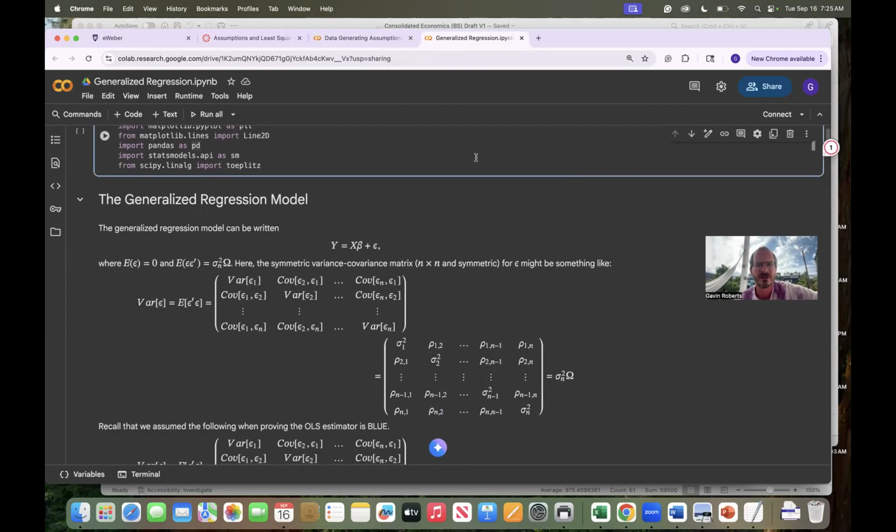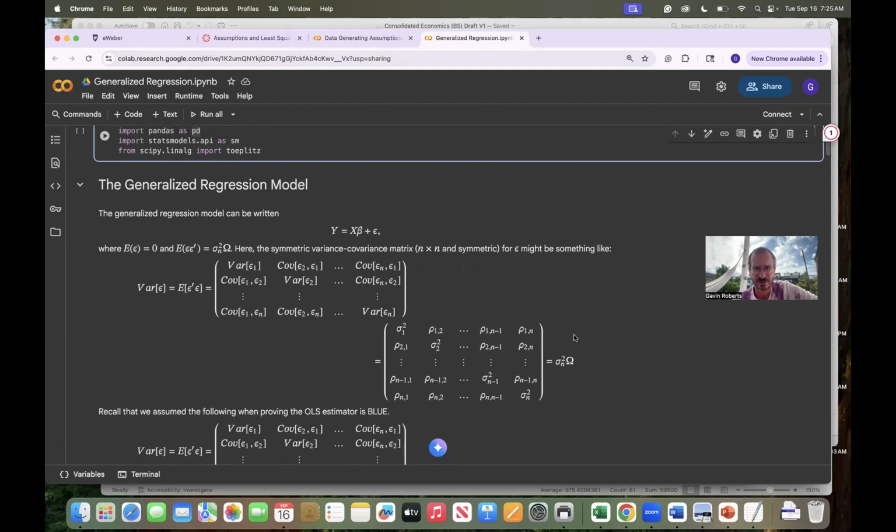Now, when we violate that assumption, we could violate it in one of two ways. First, we could put indices on our sigma squared elements, indicating that sigma squared n, for example, might be a different number than sigma squared 1. We represent that possibility by indexing the sigmas, so they might be different numbers.